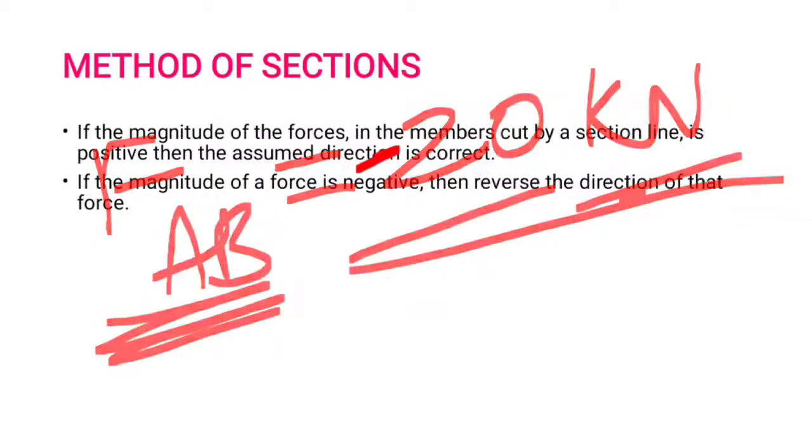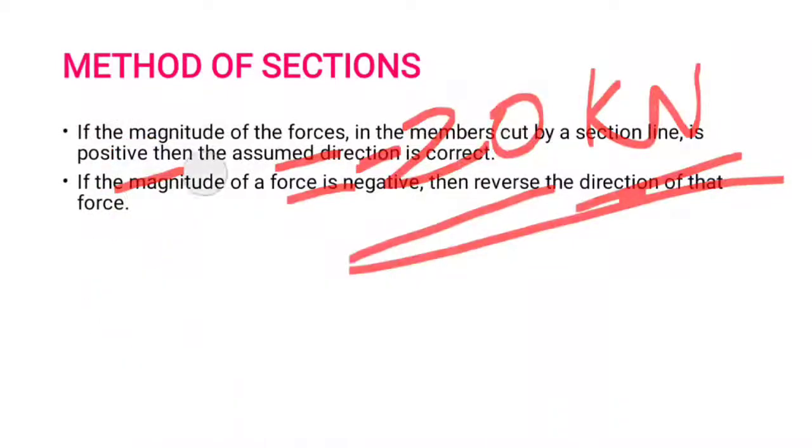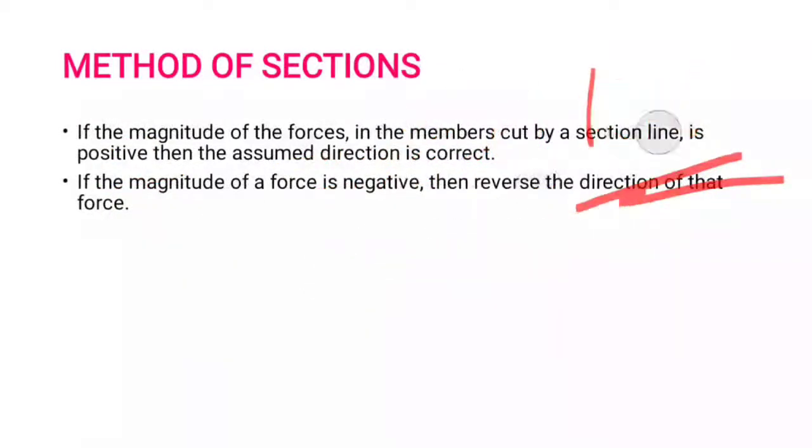If it is negative, say F of AB is equal to minus 20 kilonewtons, it is a reverse case. If I assumed compressive, actually the force in AB is tensile. If I assumed tensile, the actual one is compressive. That is how we calculate the member forces by using the method of joints and method of sections.